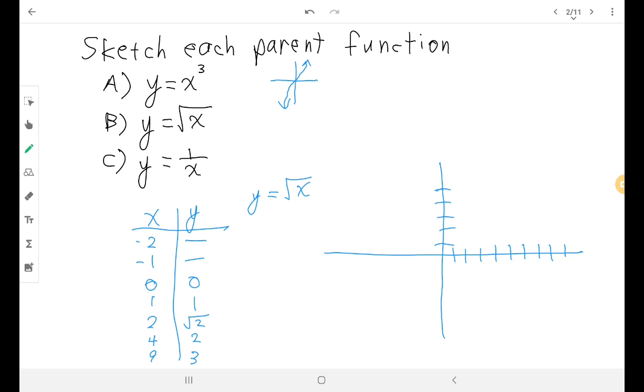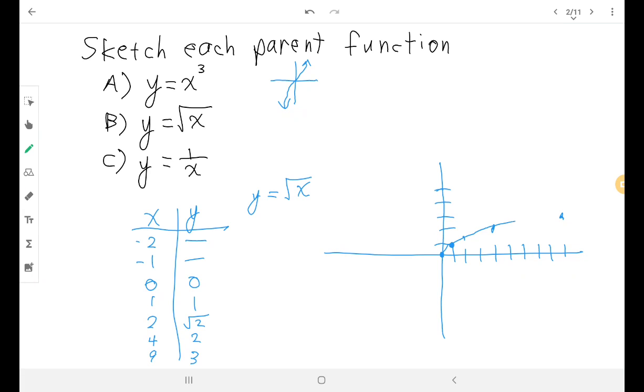I could put in some negative ones, and we should probably talk about that, but we've got 1 at 0, 0, 1 at 1, 1, 1 at 2 square root of 2, which is a little less than 1.5 if you want to look at it, but more importantly, 4, 2 about there, and 9, 3 about there.